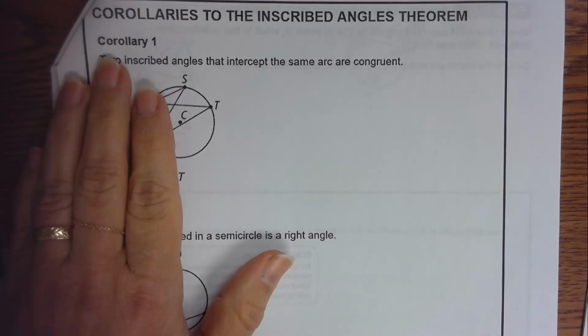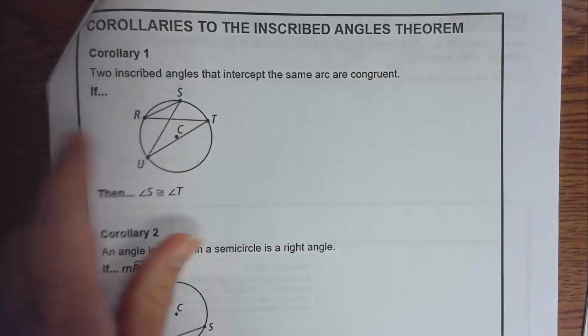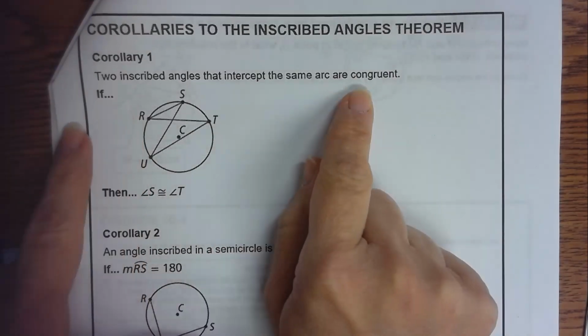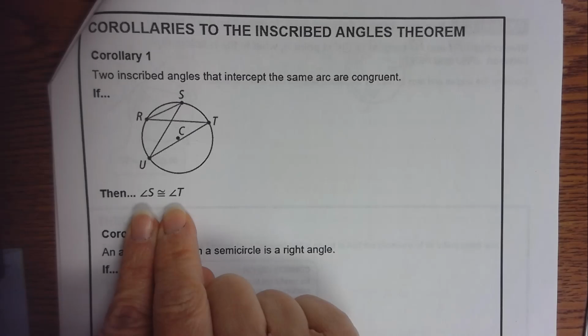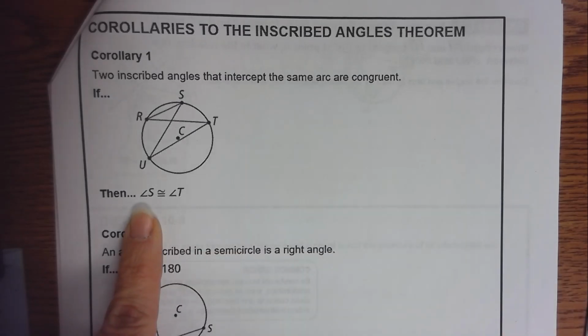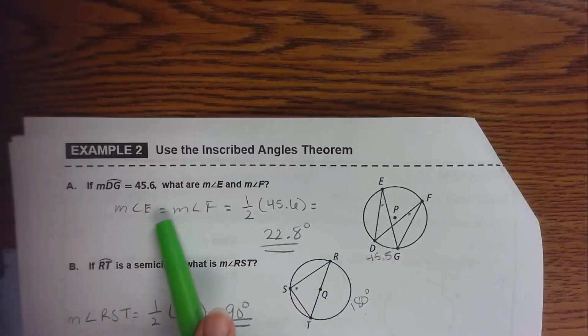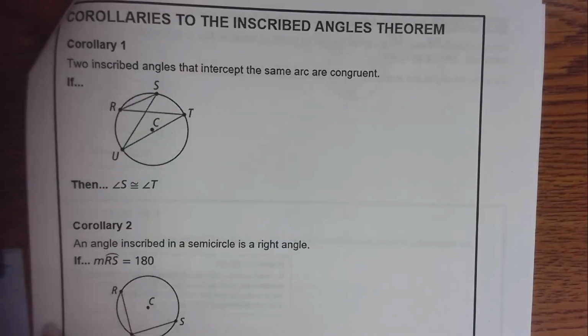All right, we have a couple of corollaries to the inscribed angle theorem. If two inscribed angles intercept the same arc, then the angles are congruent. So what we're saying here is two inscribed angles, which is what we just did in this problem. If they intercept the same arc, then they are congruent.